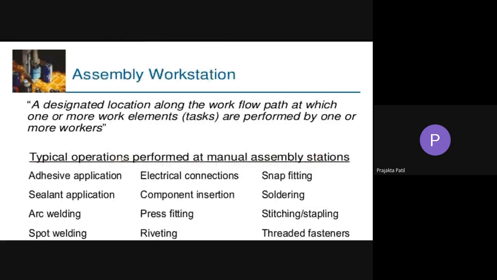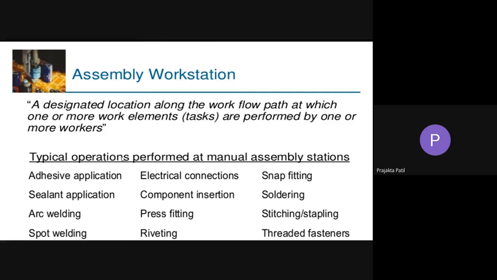It is said to be a designated location along the workflow path at which one or more elements or one or more tasks are performed by one or more workers. So every location or station where one or more workers are going to perform some task in order to complete or assemble the part.